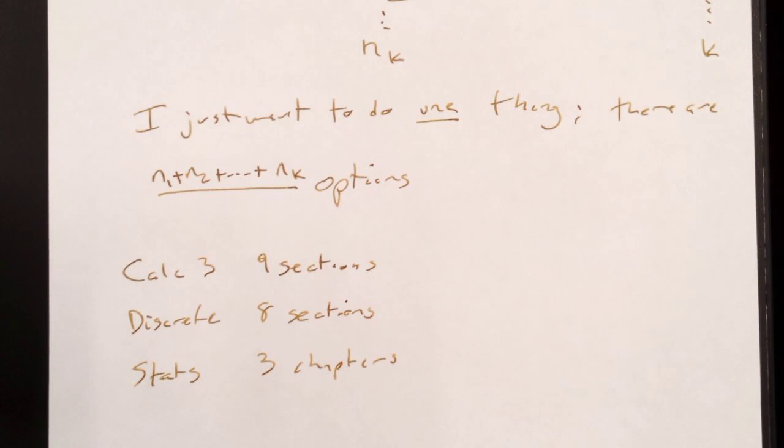Finals are only a month away, people. I got a final in each of these classes. I need to study 9 sections for one class. I need to study 8 sections for another class. I need to study 3 sections for a third class. I'm going to study one thing today. How many choices do I have? 9 plus 8 plus 3. I'll study one thing tomorrow, and I'll just keep studying until I get to the exam.